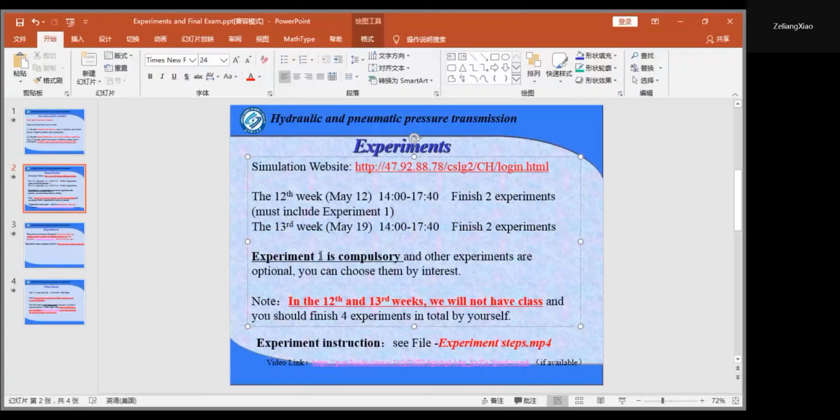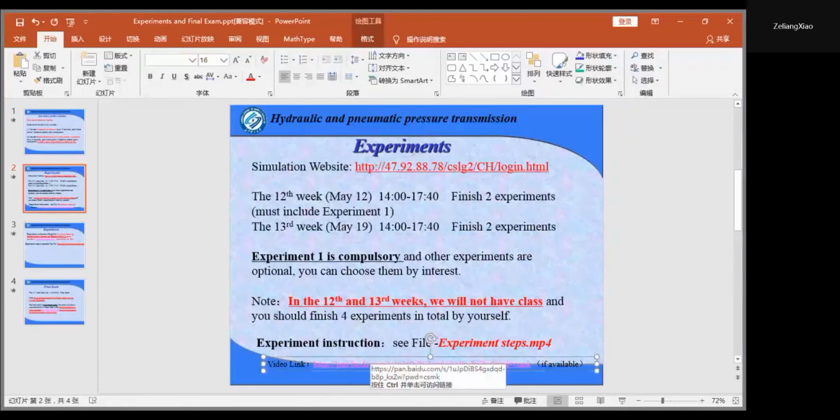Experiment 1 is compulsory, and the other experiments are optional. You can choose them by interest. In the next 2 weeks, we will not have class. Please pay attention to this requirement. You should finish 2 experiments in total by yourself.